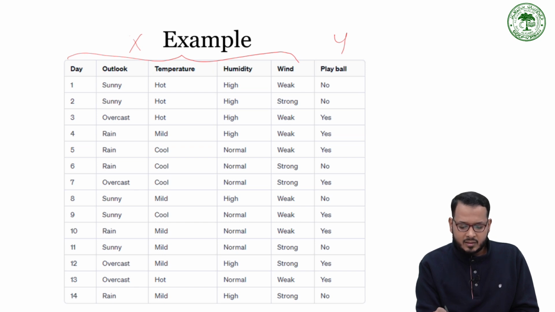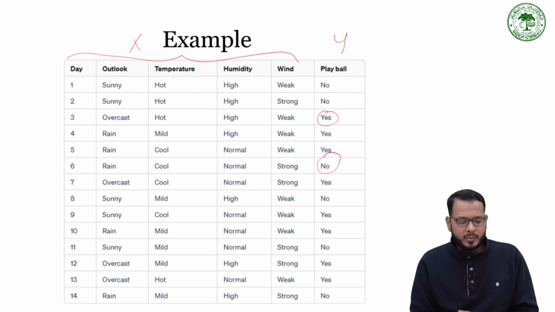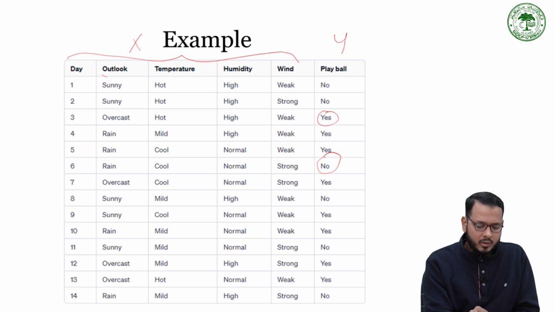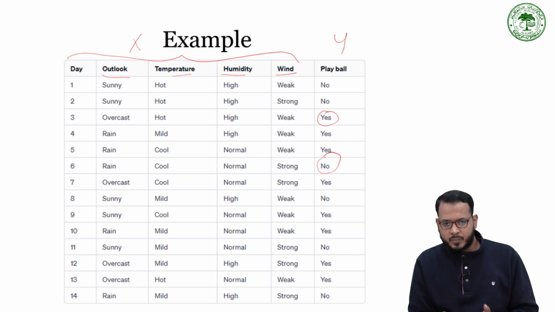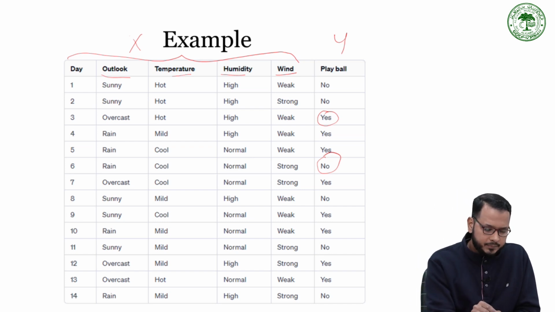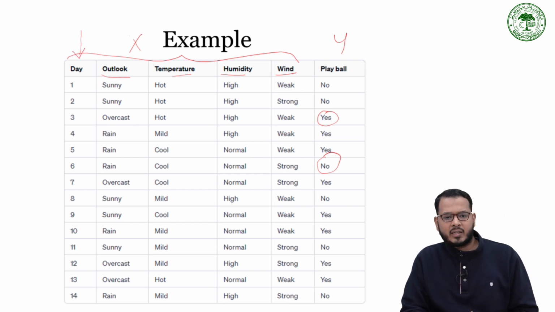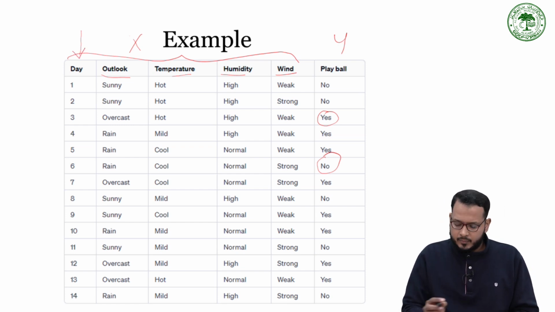So the answer in this specific example would be either yes or no. So based on what is the outlook on that day, what is the temperature, humidity and wind, we want to predict can we play ball on that day or no. Obviously, the first column is just the serial number and it does not affect the decision making.